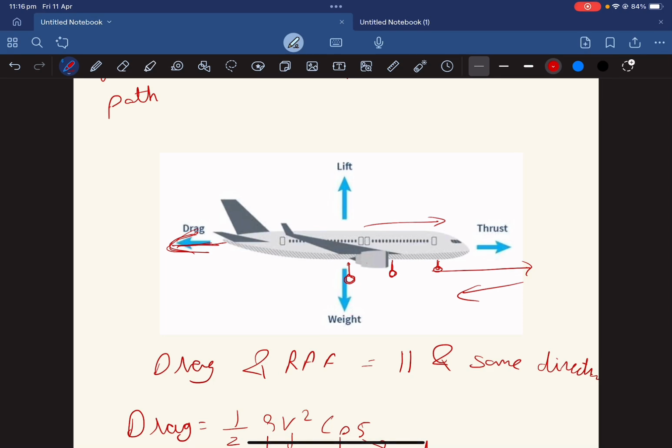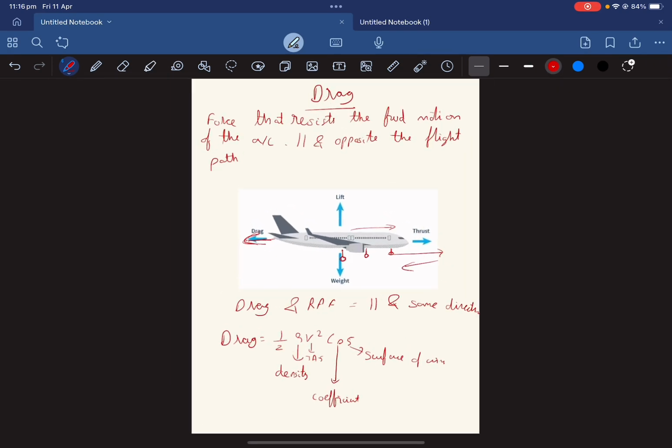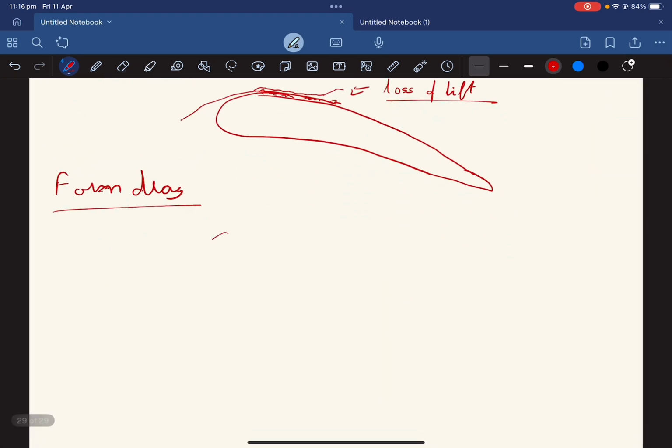There's one more way that you can look at form drag. Let's go back to our aerofoil. This is my aerofoil, and this is the stagnation point. I hope you remember the stagnation point.